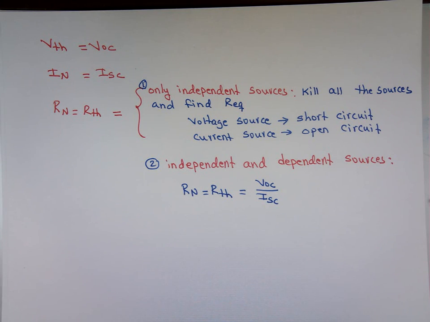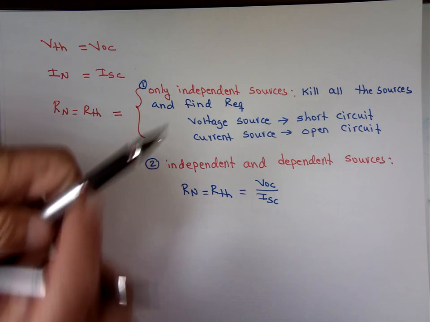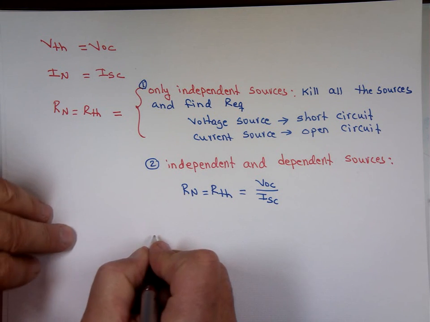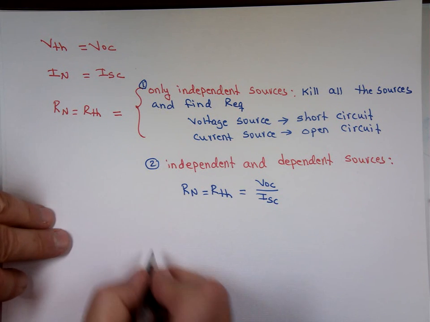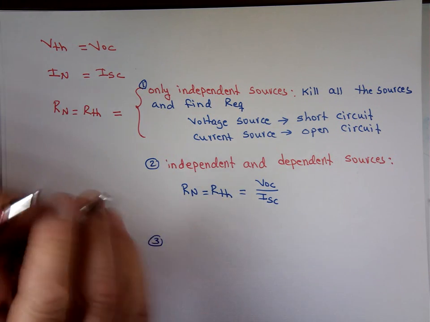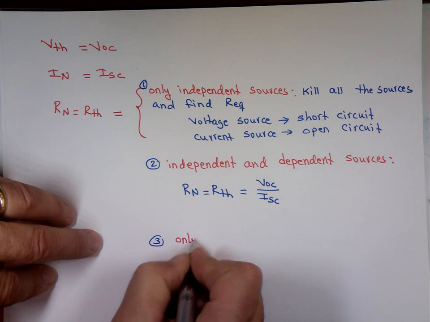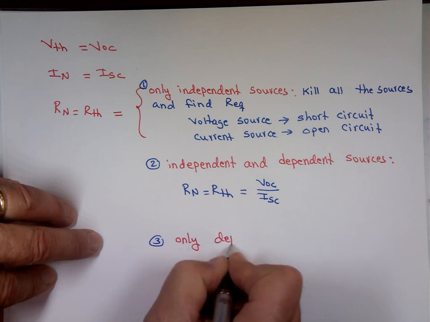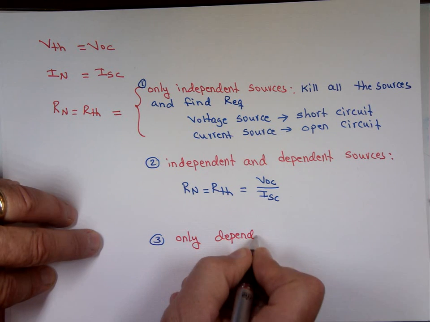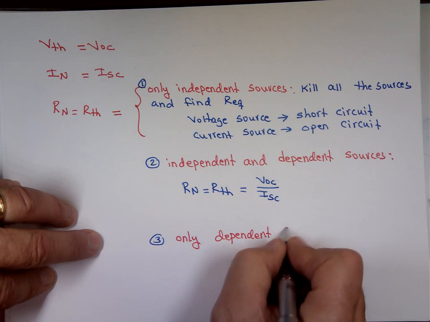And case number three, which we'll look at too, if your circuit has only dependent sources, could be one source, could be more than one.